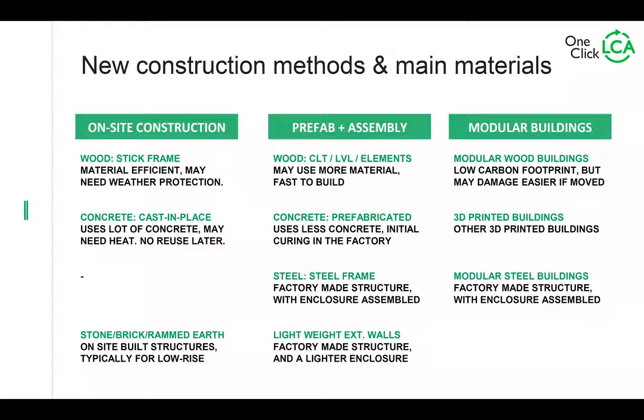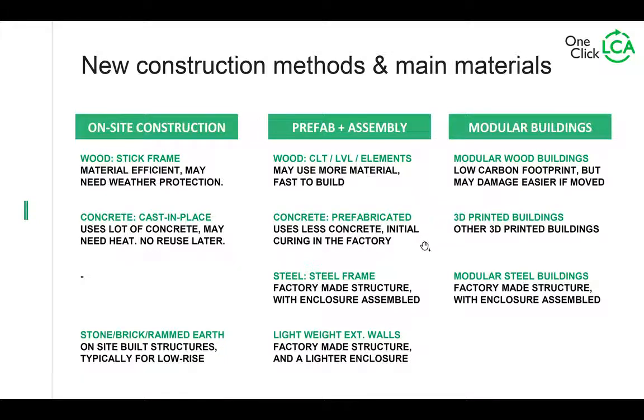Some of these prefabricated wood elements, the massive ones, use more material, but they are faster to build, and the speed of construction does provide the benefit, of course, of less likely needing weather protection, and also shorter site duration, which saves energy as well.